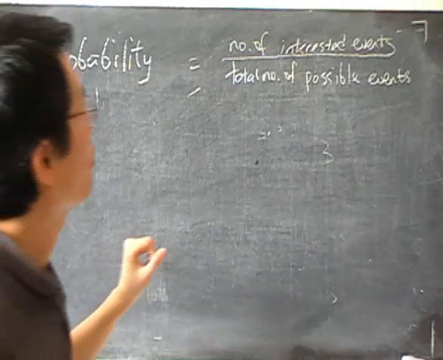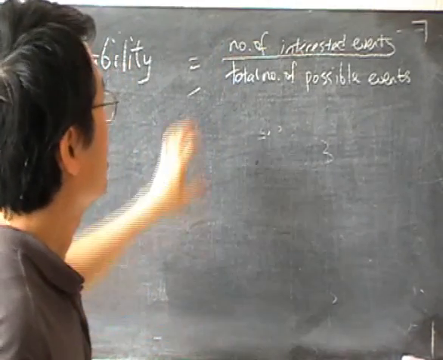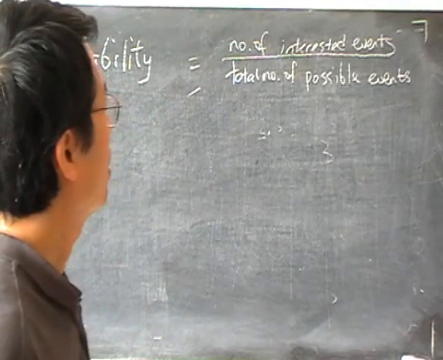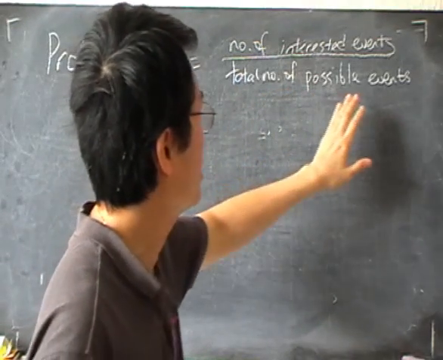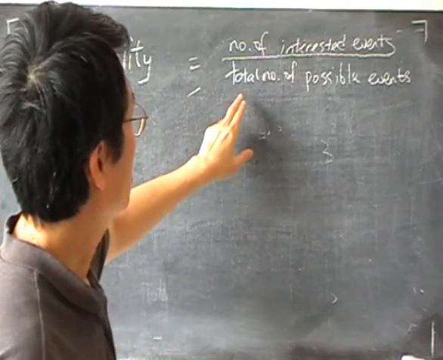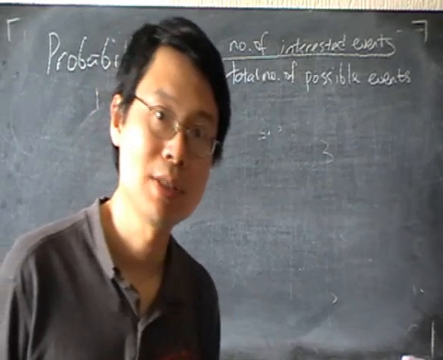Right. If you look at this, the number of interested events can never be more than the number of possible events. The number of interested events also cannot be less than 0.